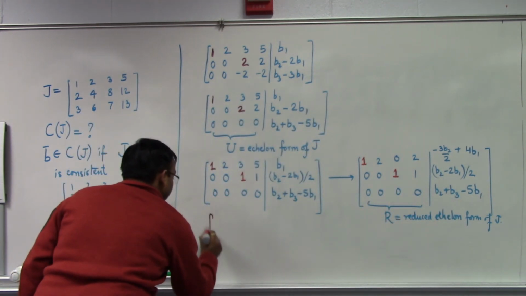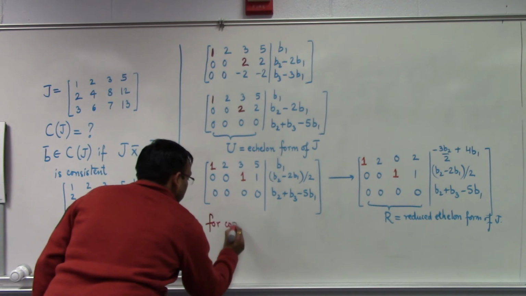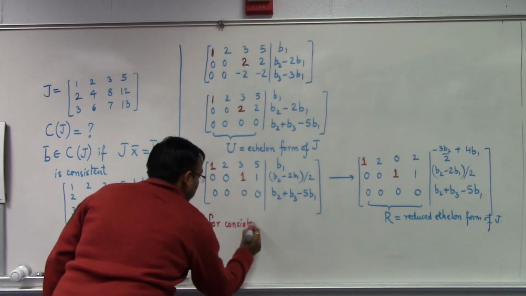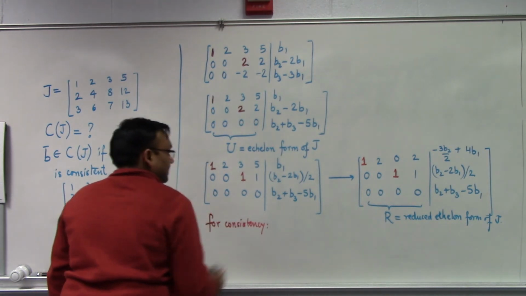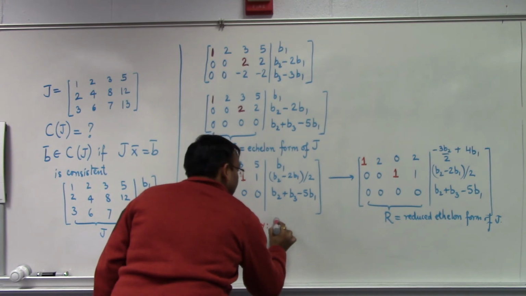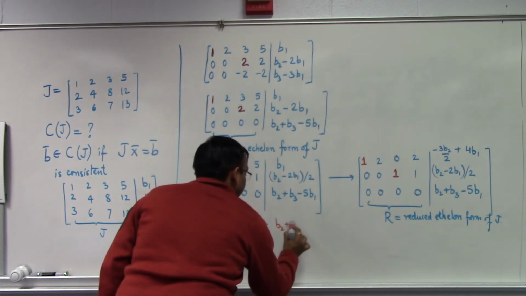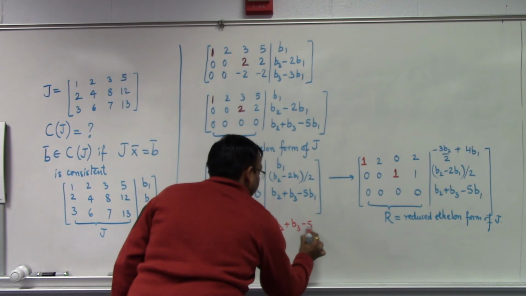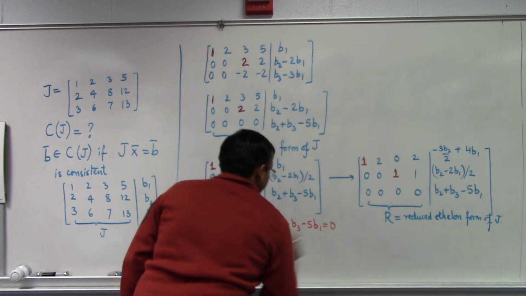So for consistency, we need b2 plus b3 minus 5b1 to be equal to 0.